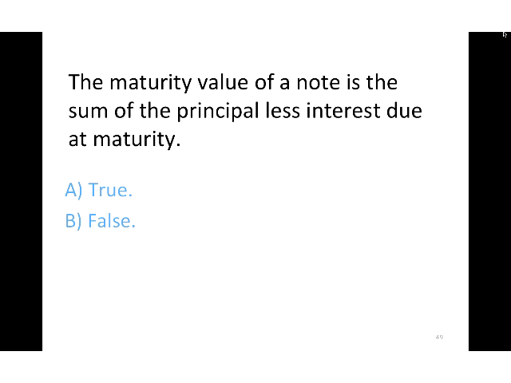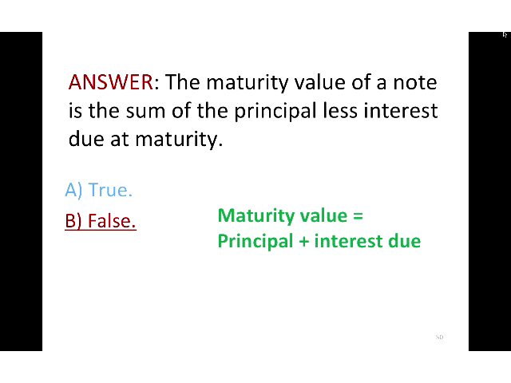True? What do you think? False? And this one is false, and it's only because of one word. It's the principal plus the interest due. So maturity value is always going to be the principal plus the interest due. Just like in that problem we just did, we took the principal of $220,000 plus the interest that was due. That's maturity value.